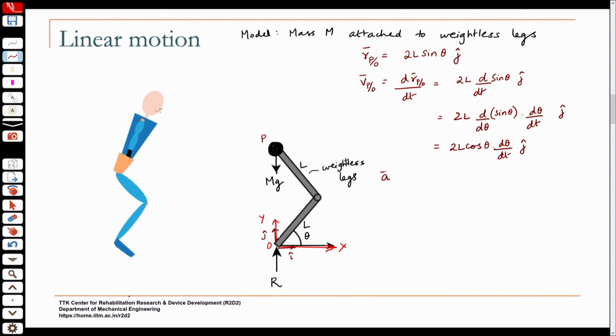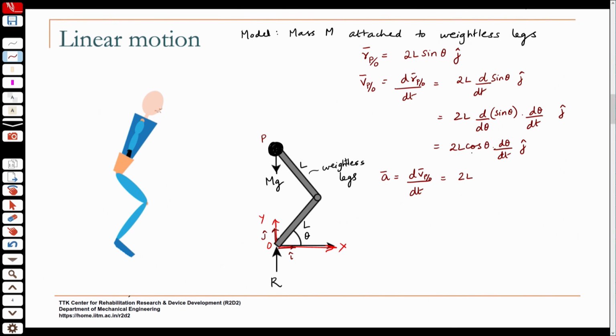Differentiate again to get the acceleration. So, again I apply this. 2L, say I differentiate cos theta first. Now, it is a product rule, there are multiple quantities.